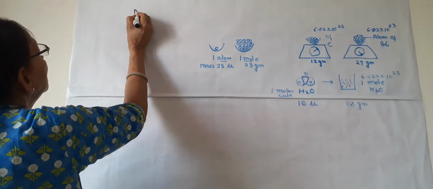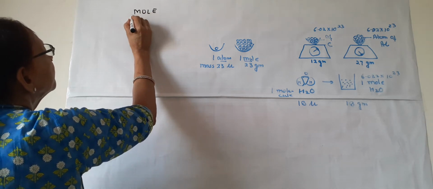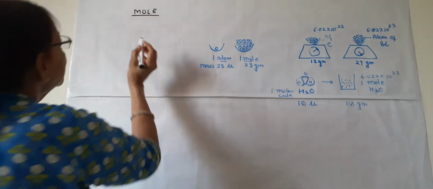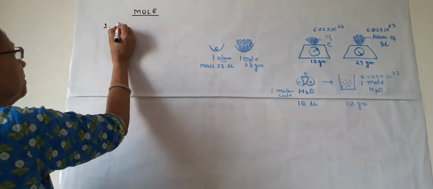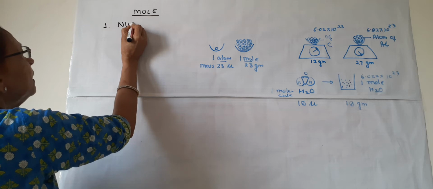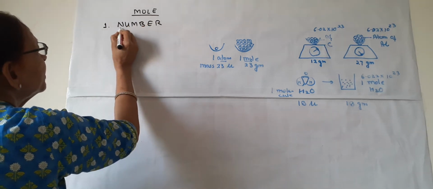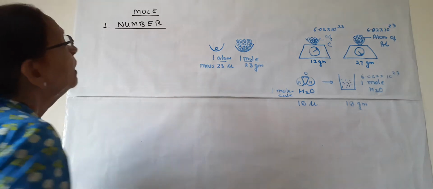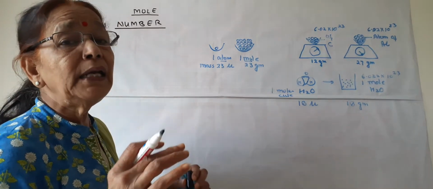Mole is a word, M-O-L-E. So first of all we should know mole is a number. This is the most important thing. Mole is a number. So mole doesn't have any unit.